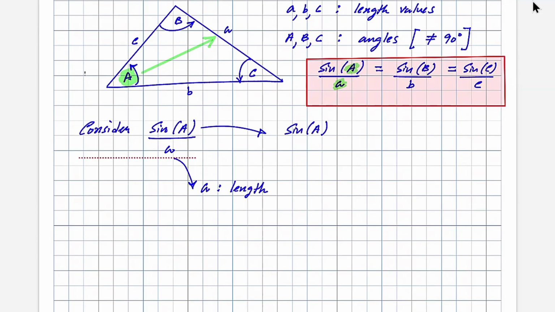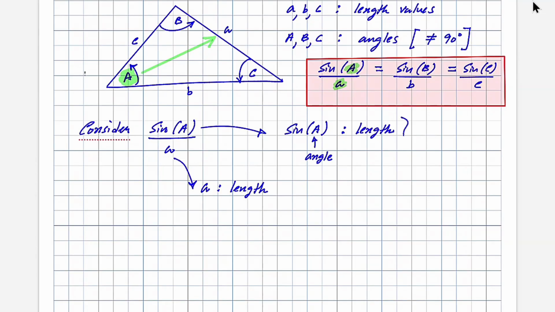Now let's talk about sin A. This A is an angle. A is the input to the sine. But sin A becomes a length.